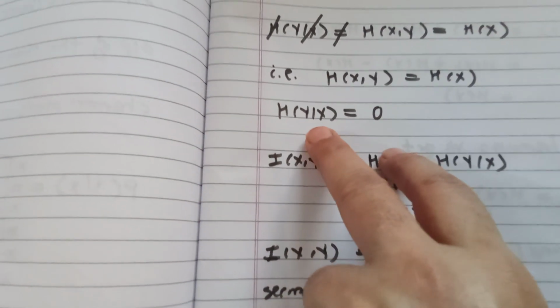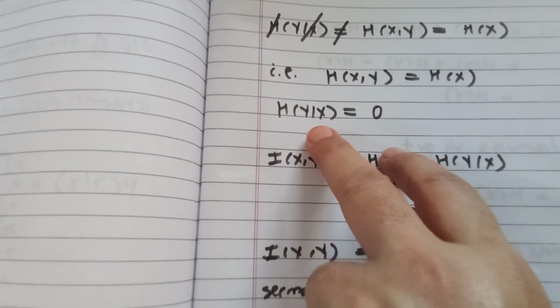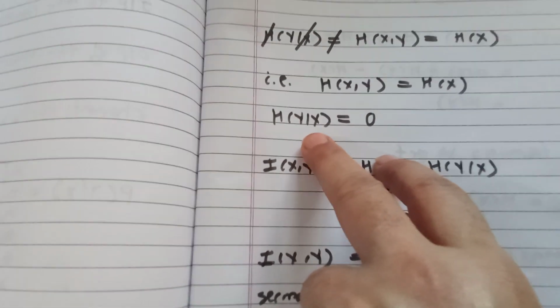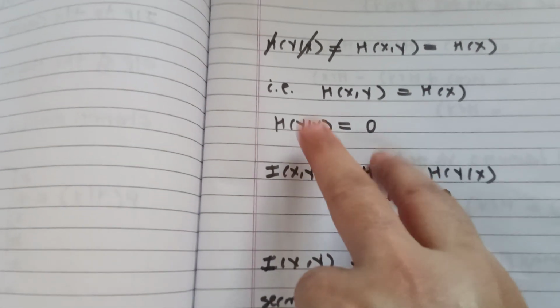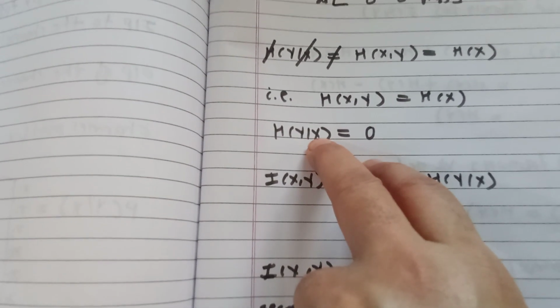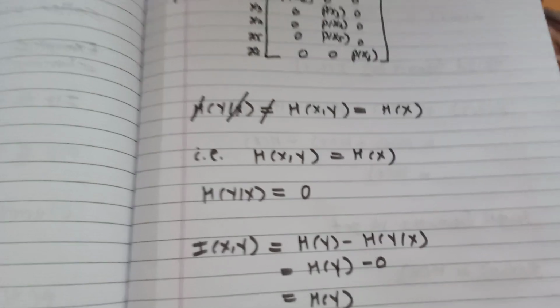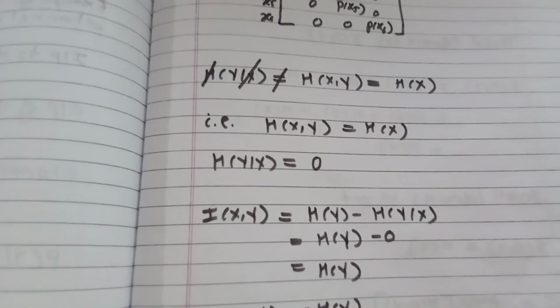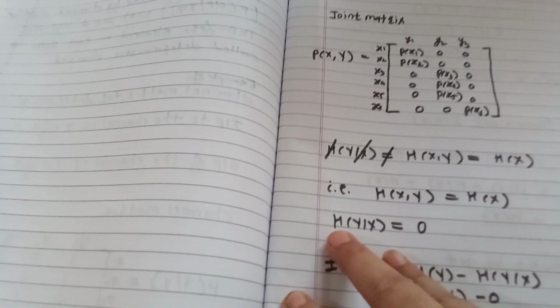As we have seen, if the probability is highest or the probability is 0, then we don't get any information. So in this case information is 0, which means the probability is highest. That means X defines Y very well. This is somewhat tricky to understand, and difficult to put into words.